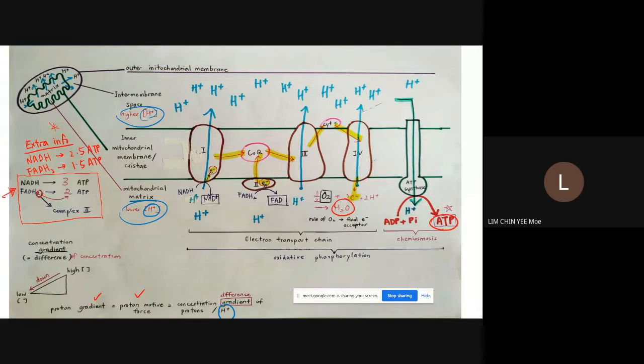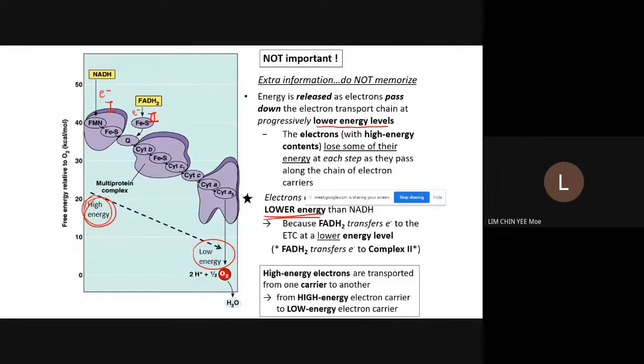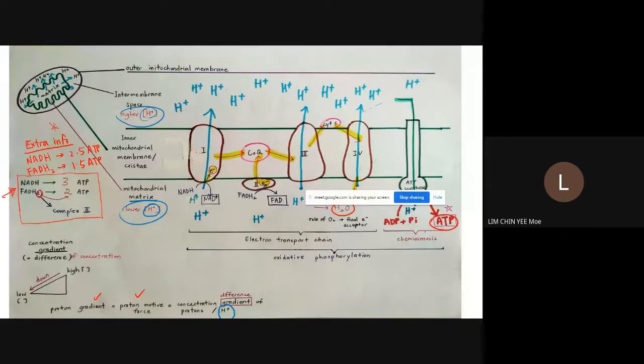Tapi sebab soalan memang 2 markah, so kenalah kita jawab juga ATP. Kena pandai-pandailah ikut dia punya markah. Kalau 2 markah, then you should consider ATP as well. Sebab kalau electron transport chain sahaja, dia memang hanya produce water. Okay, so 2, water and ATP.